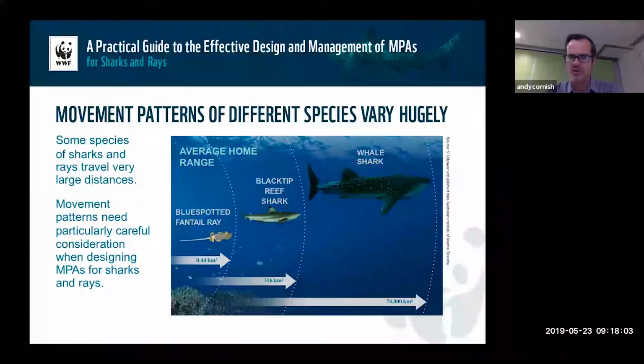Being very clear about what species you're trying to protect, if possible, will have a big determination on what a relevant size might actually be. And not just for individual MPAs, but of course for connectivity potentially between MPAs that have the opportunity to conserve the same species in different parts of its range.